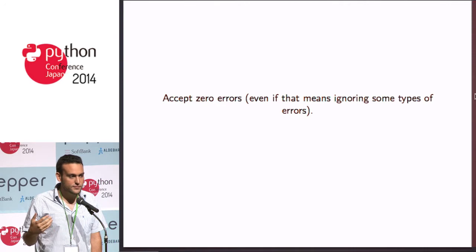I think the recommended way, after all our experience using it, is to get your tool, for example Pylint or Pep8 or whatever, to report 0 errors in your source code, even if that means telling the tool to ignore certain kinds of errors.